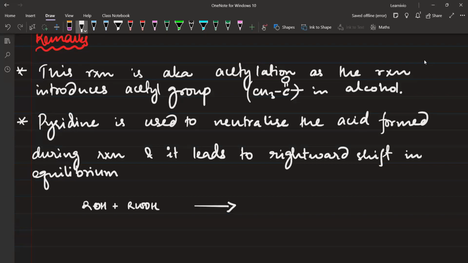Similarly, when you react alcohol with anhydride, it will get neutralized. So we can say that in HCl and carboxylic acid in their respective reactions, when the concentration of products decreases, the reaction shifts in the right direction.